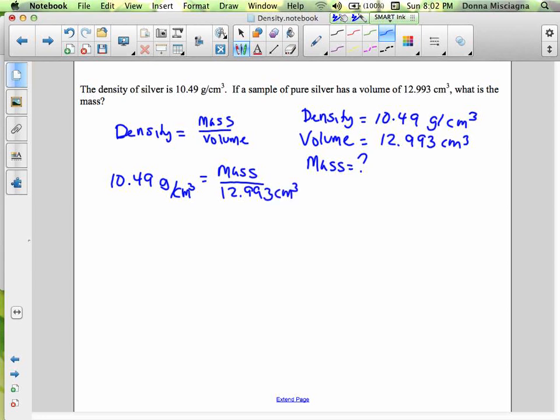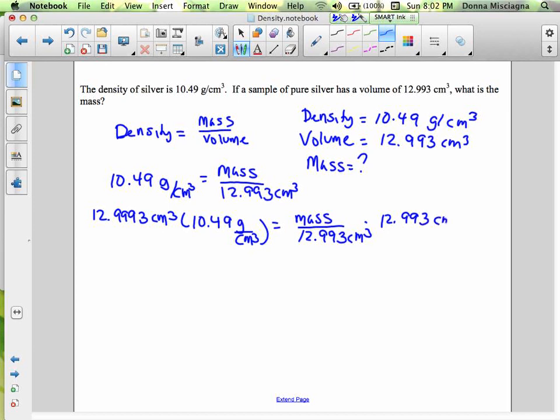Now to solve, we'll just multiply both sides by 12.993 centimeters cubed.